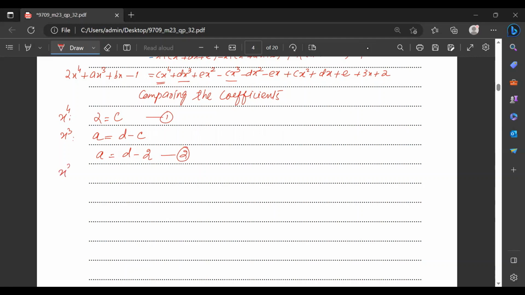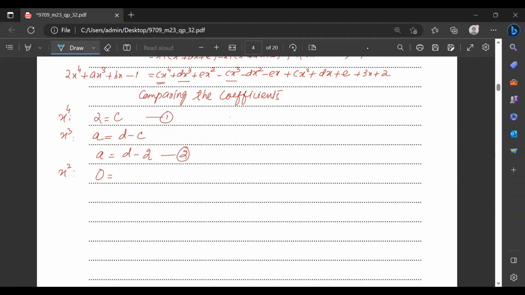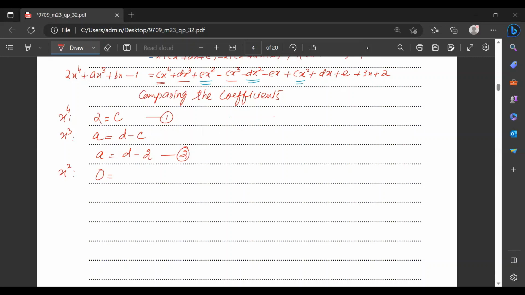Next, compare x^2 on both sides. There is no term in x^2 on the left hand side, and on the right hand side there are three terms. So 0 is equal to e minus d plus c. As the value of c is already there, it is e minus d plus 2. Number 3.